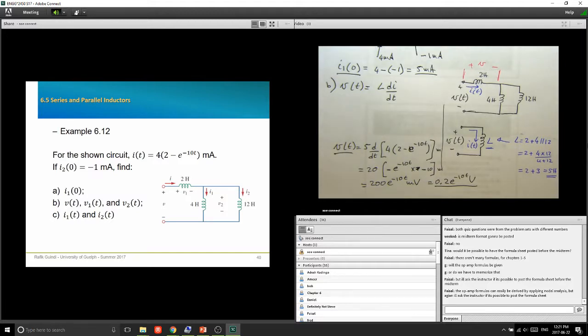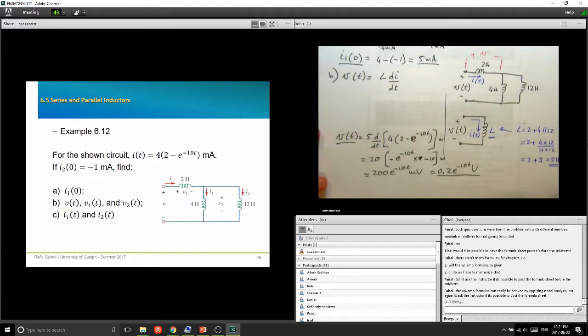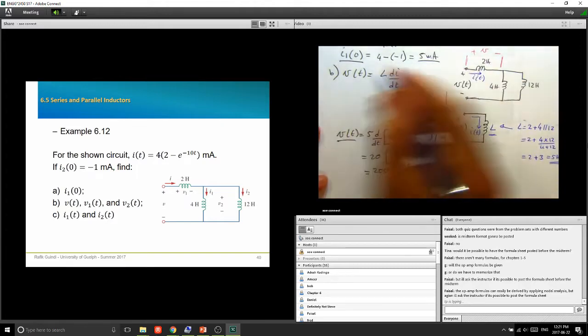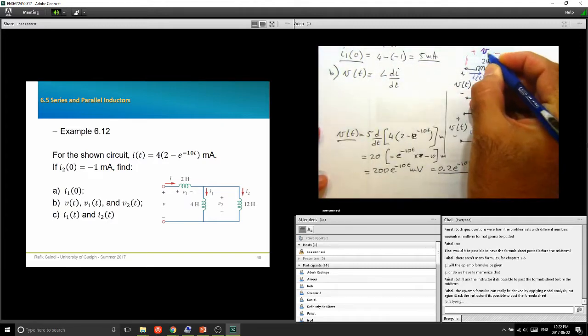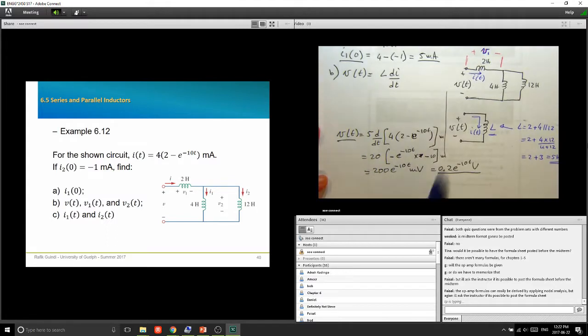Okay, so now I got V of t. Now I need to find V1 of t and V2 of t. Now V1 of t is easy. That's actually this voltage here, across from the 2 Henry.